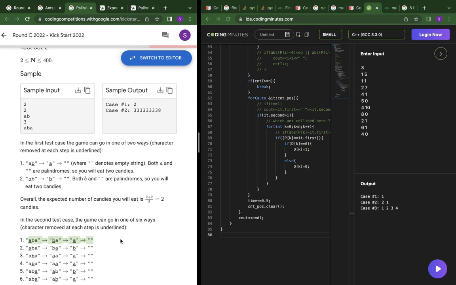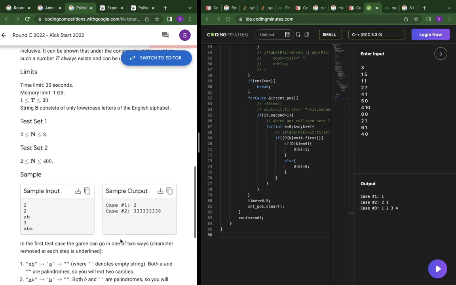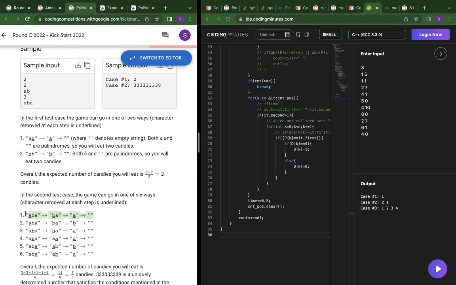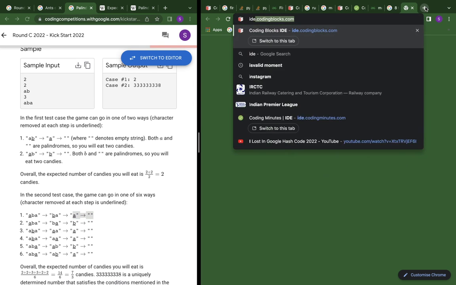So O of 8 into 40,000, and that will also be checked 8 times. So 8 into 8, that is 64. So here there will come 8 strings, 8 or 9 if I include this one, and I'll check if this is a palindrome. So let's do this.